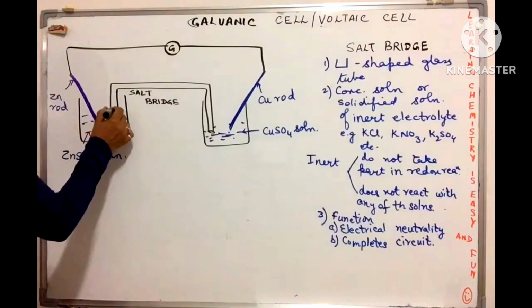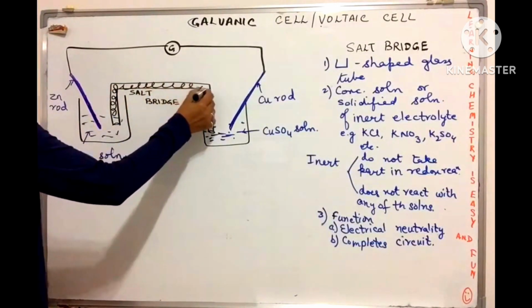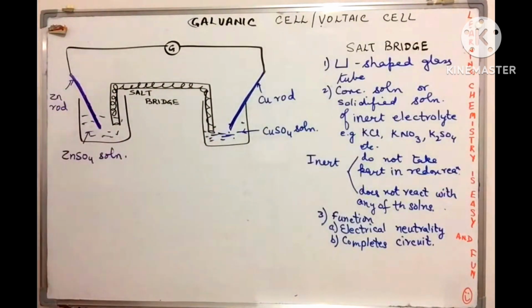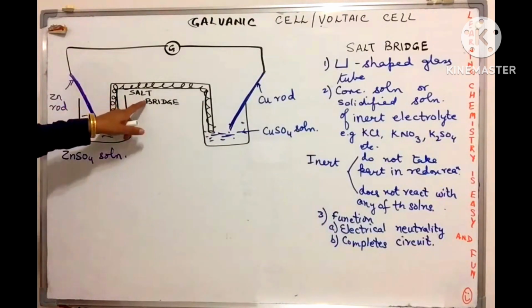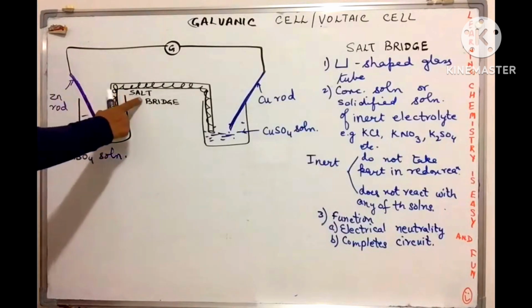So salt bridge, that's a salt which serves as a bridge between the two components of this galvanic cell, right? That is very clear from the name itself. It's a bridge made up of a salt solution.